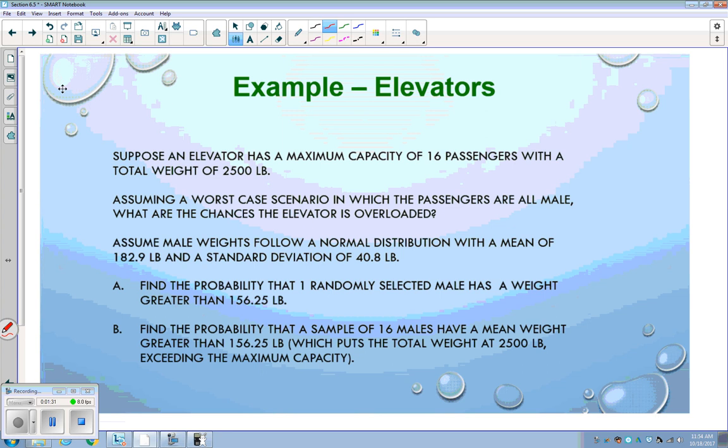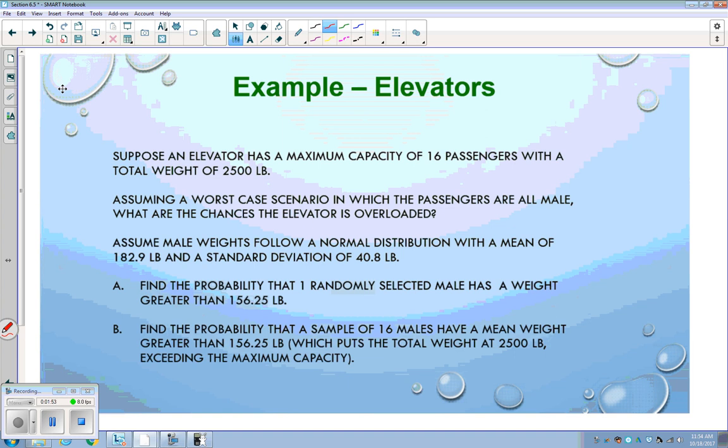Let's do an example here. Suppose an elevator has a maximum capacity of 16 passengers with a total weight of 2,500 pounds. How many times have you got into an elevator and it states that?